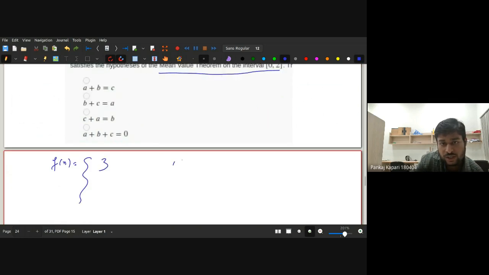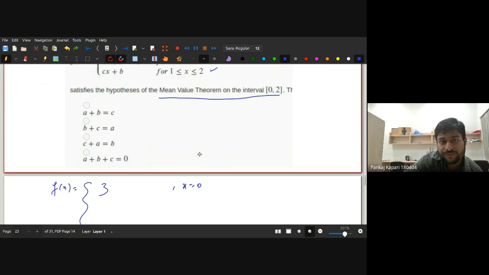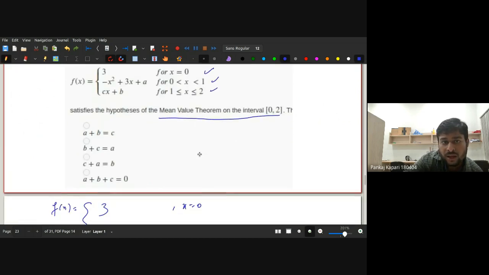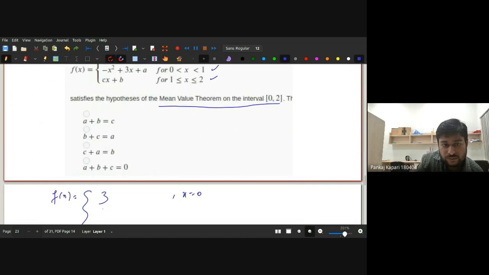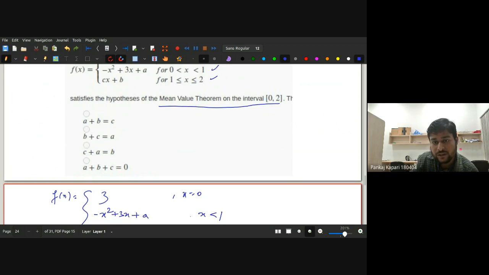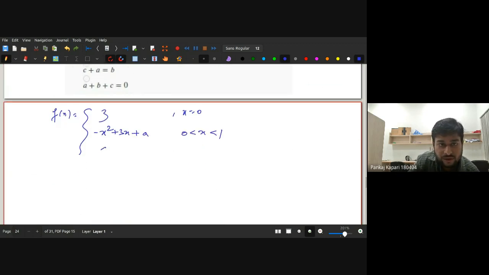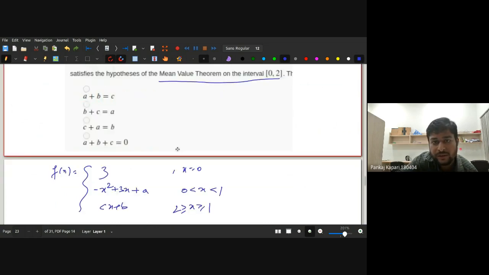It's constant 3 if x is 0, and it is minus x square plus 3x plus a if x lies between 0 and 1, and then you have cx plus b if x is greater than or equal to 1 and less than or equal to 2, right?